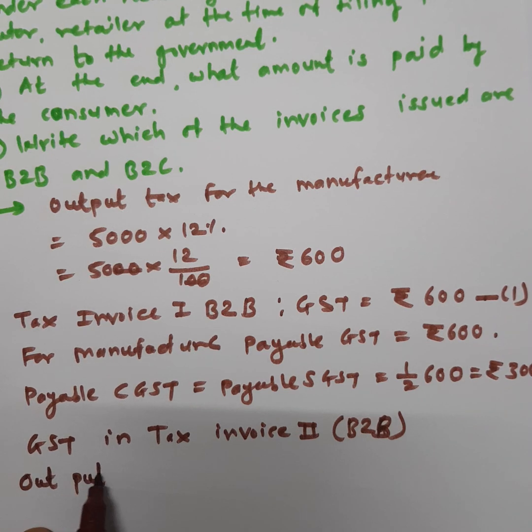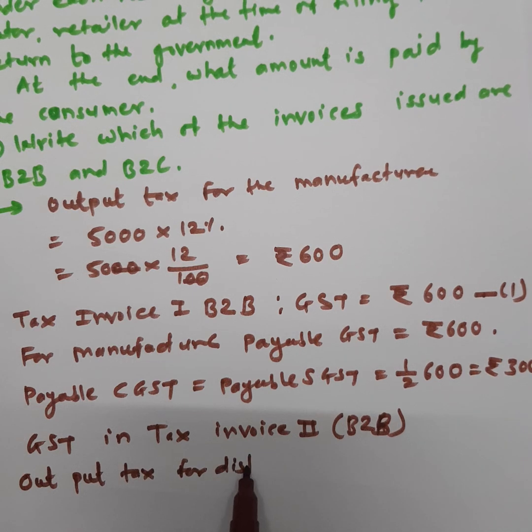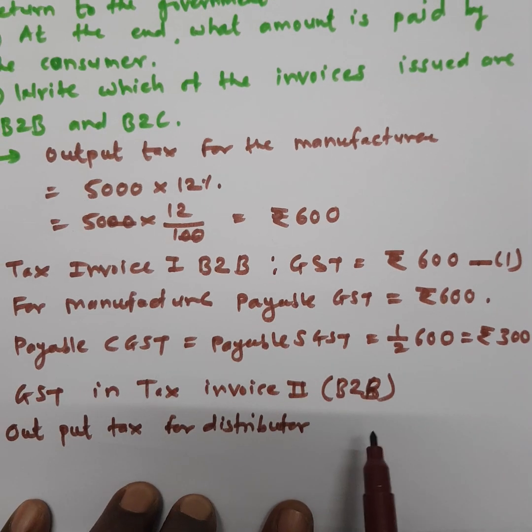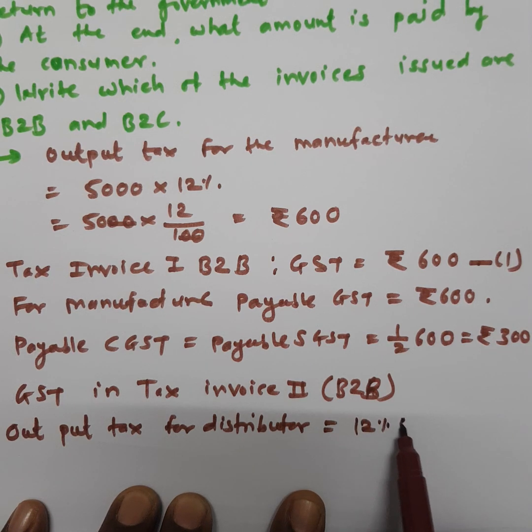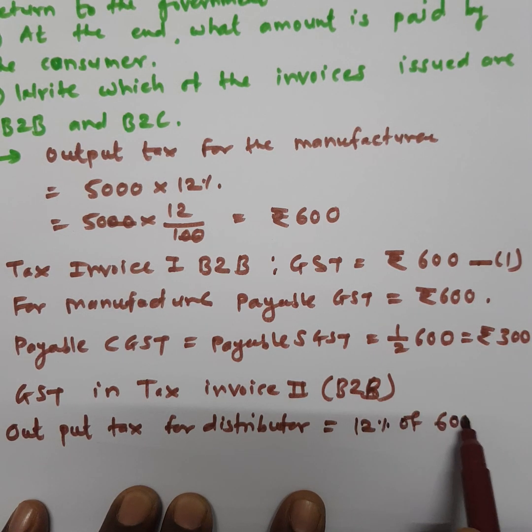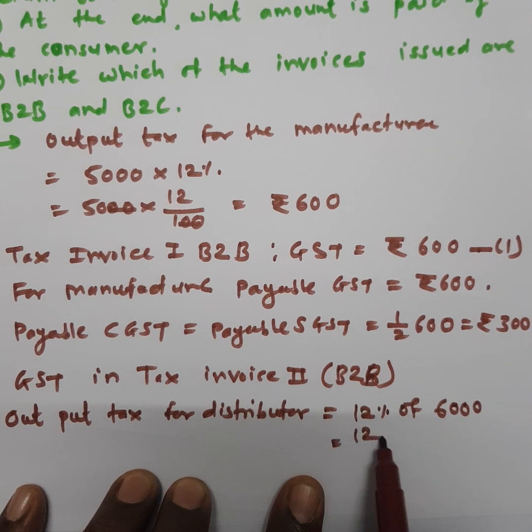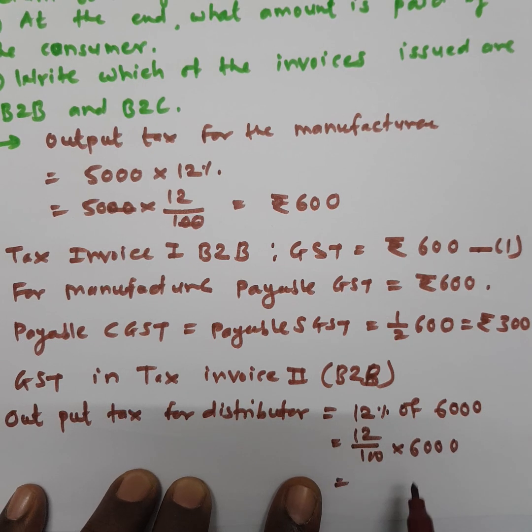Output tax for distributor, into bracket we can say tax collected by the distributor from the retailer, it will be 12% of 6,000, that is 12 upon 100 into 6,000, it will be 720 rupees.